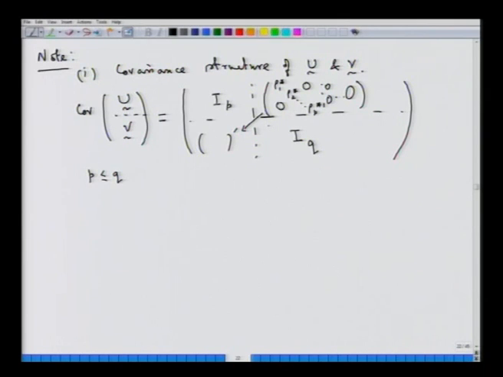So, this is going to be the p by q matrix here, this is going to be the q by p matrix here, and this vector is a p plus q dimensional random vector. So, its variance covariance matrix structure is given by this p plus q by p plus q dimensional matrix as in here.